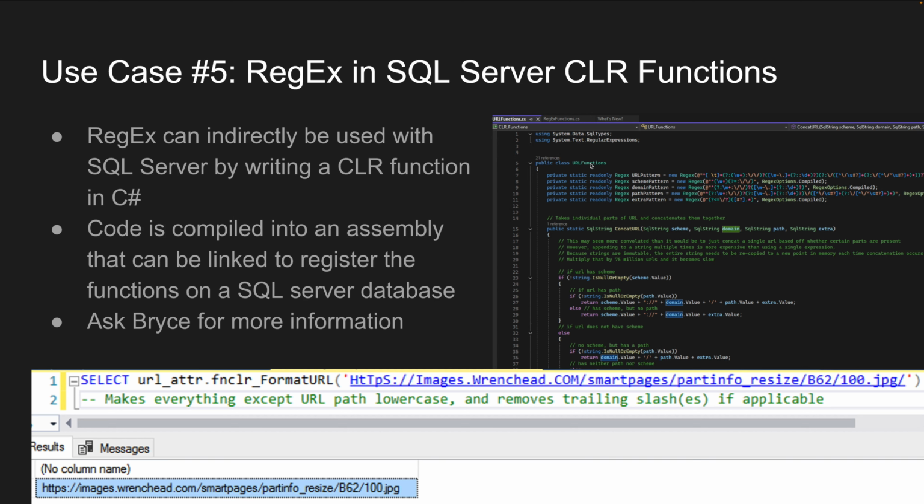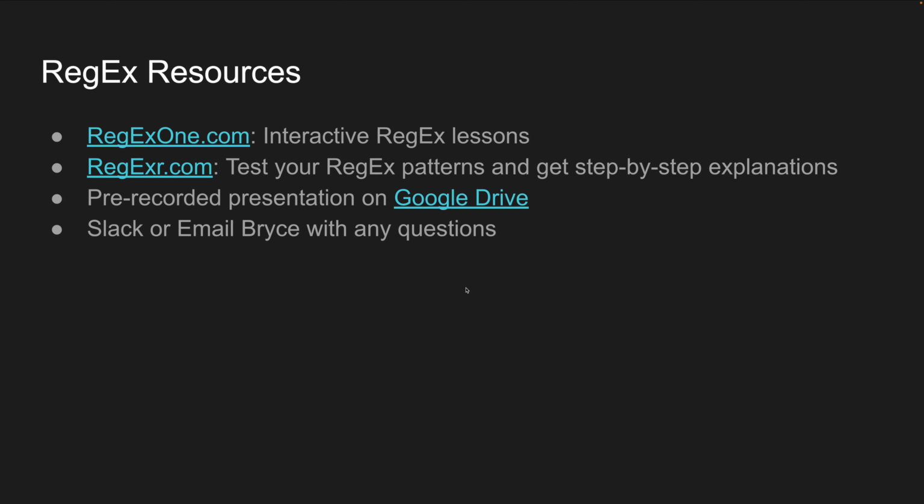If you write a module in C#, you can then compile it to an assembly that is then loaded and linked as a SQL Server scalar function. It is, again, a little complicated to do, but I have a few functions the CDR uses to format and normalize the URLs that we receive. If you'd like to learn how to use this kind of thing, just reach out to me and I can provide more information on it.